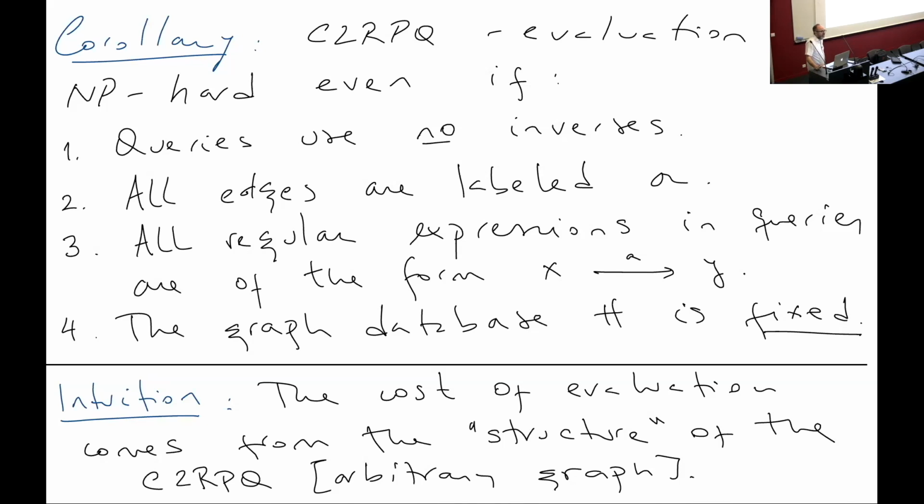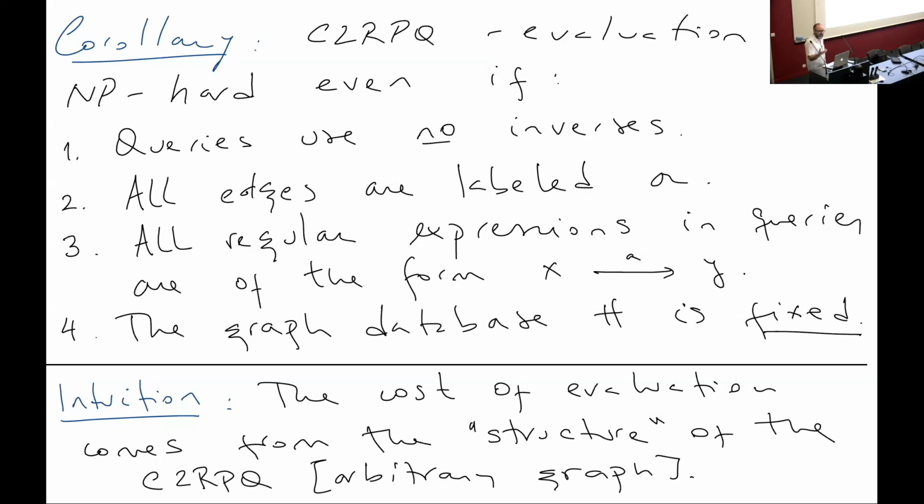All edges are labeled A, there are no regular expressions in queries save for a single symbol, A, and the graph database H is fixed. So the intuition here tells us that the complexity of evaluation comes from the structure of the C2RPQ, of the query, not from the data.